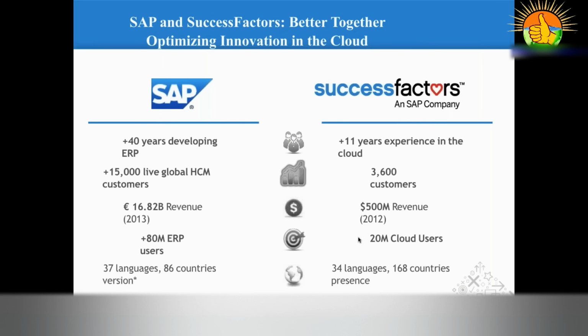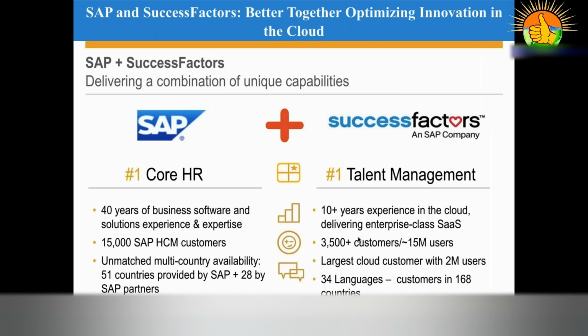What we are going to get with SAP SuccessFactors is that SAP had a well-renowned solution for its HCM. And SuccessFactors was already the number one talent management solution provider, and it was a cloud. So combining both of these, we can expect the best HCM solution in the cloud.